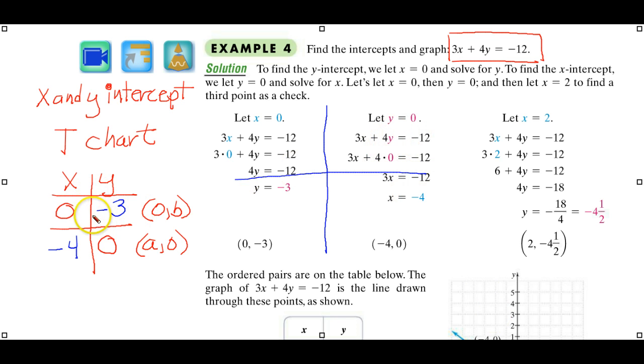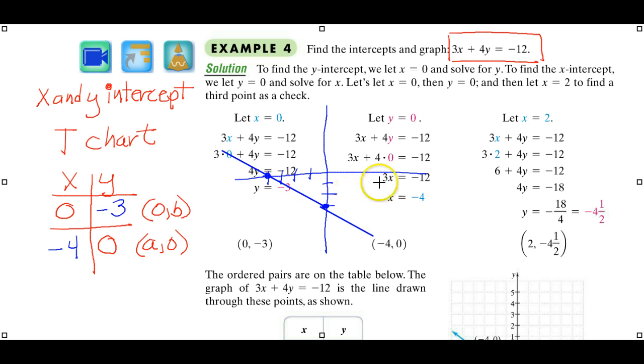But plotting these then, it's pretty easy. 0, negative 3. 1, 2, 3. A dot right there. Now this is negative 4, 0. So 1, 2, 3, 4. A dot right there.